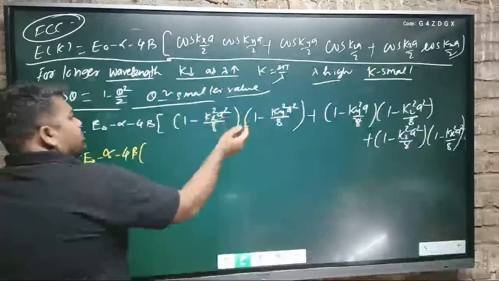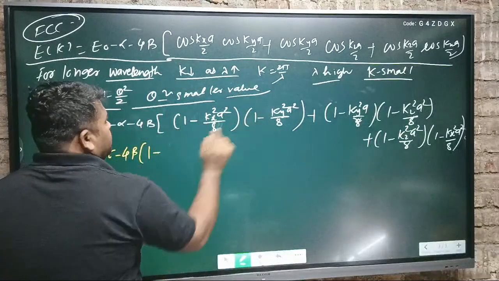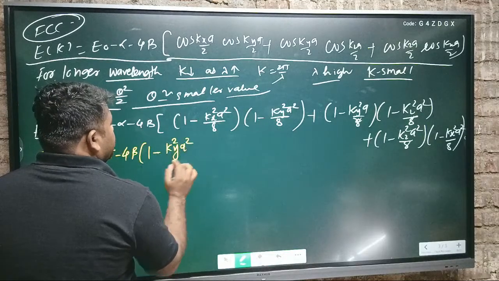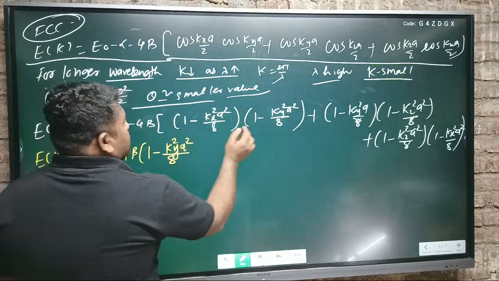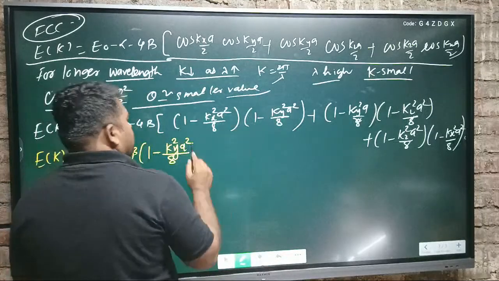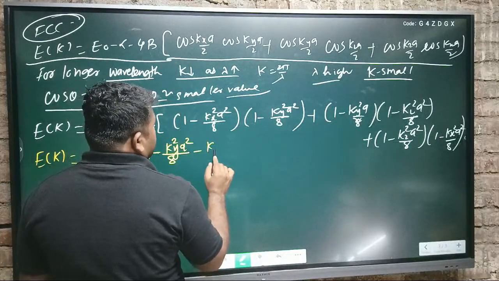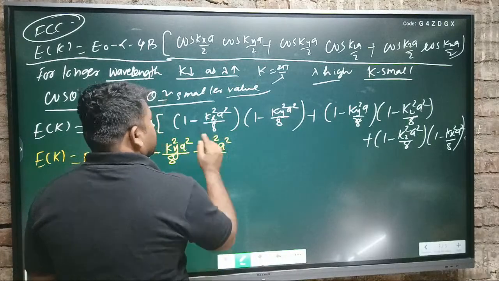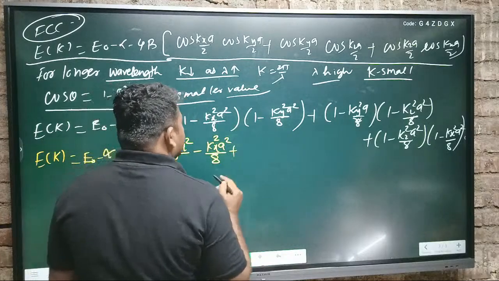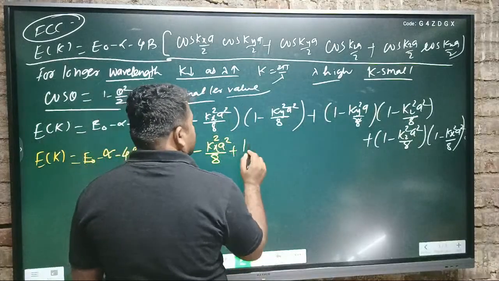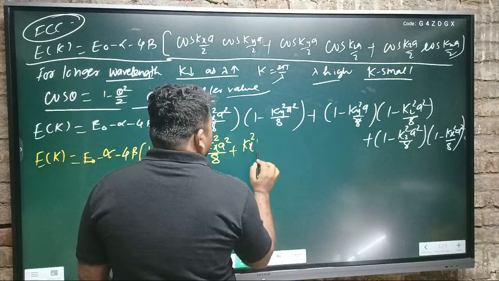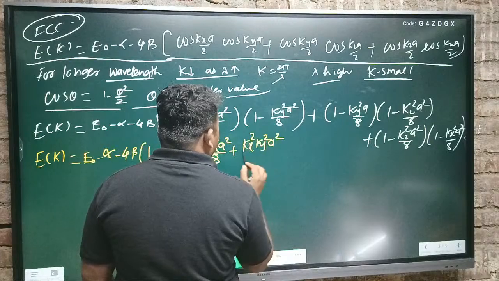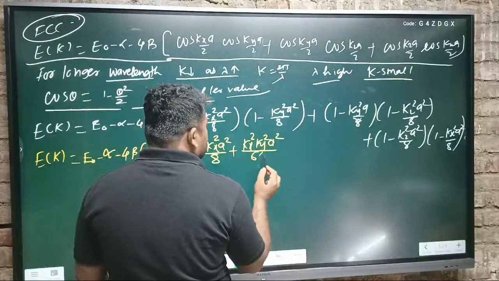Okay, 1 into 1 minus 1 into ky square a square upon how much? 8. Minus into minus kx square a square upon 8 becomes plus kx square ky square a to the power 4 upon 8 into 8, that is 64.